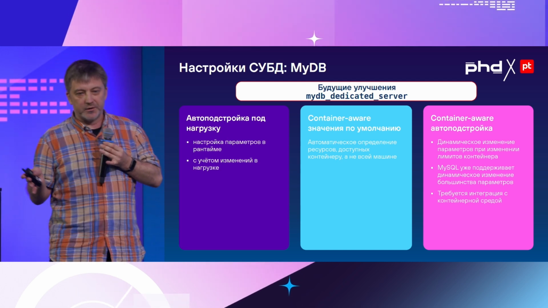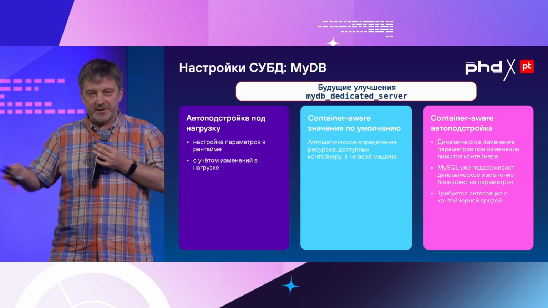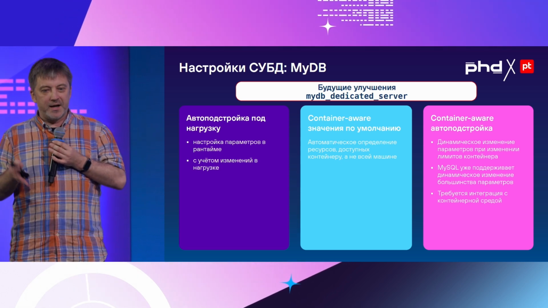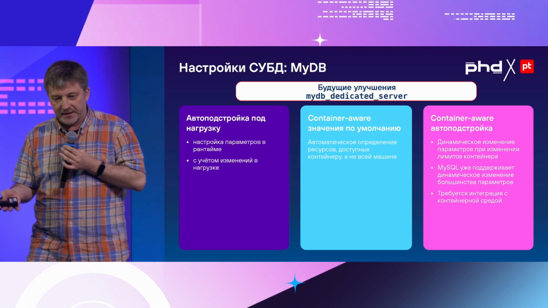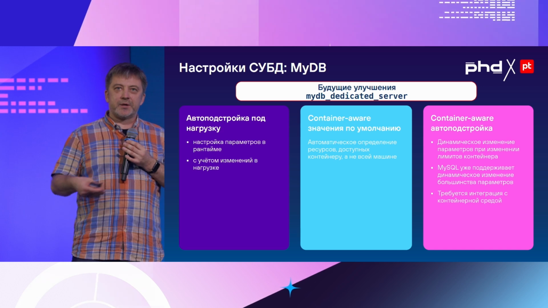Because even now, it looks at all the available resources in the machine, but now most machines have different containers. It would be right to take a look at the resources of the container. So far, it hasn't been implemented, but we're planning to do so.